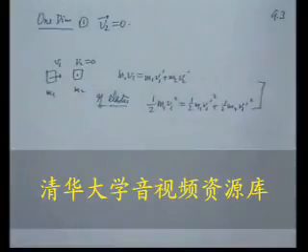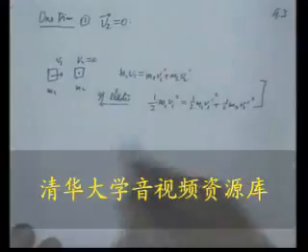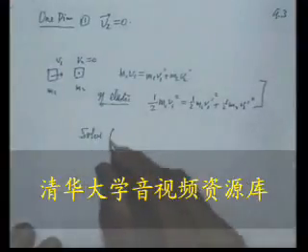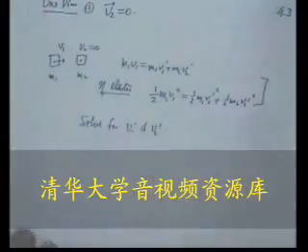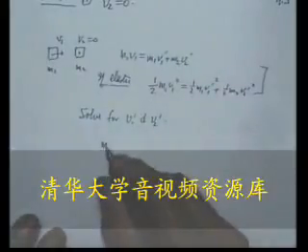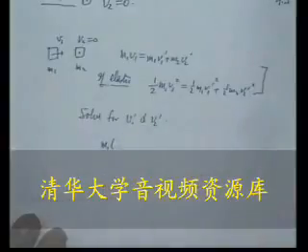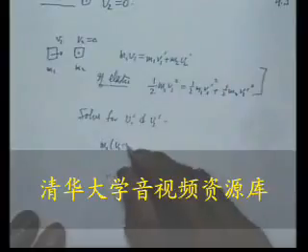So if the initial velocity is known, if V1 is known, then we have two unknowns, V1 prime and V2 prime. We have two equations. So we can solve for the two. In this particular case, the solution is particularly simple. You can do this in any number of ways. A simple way is this.